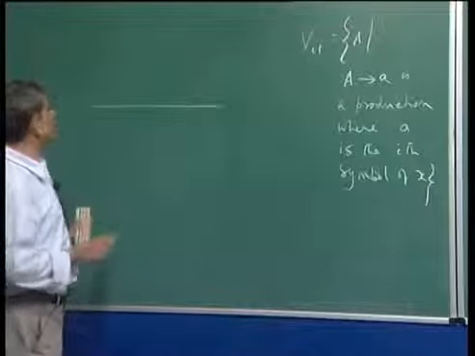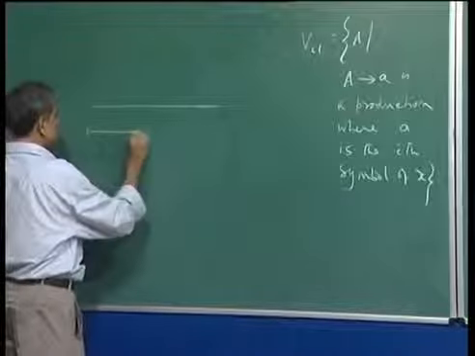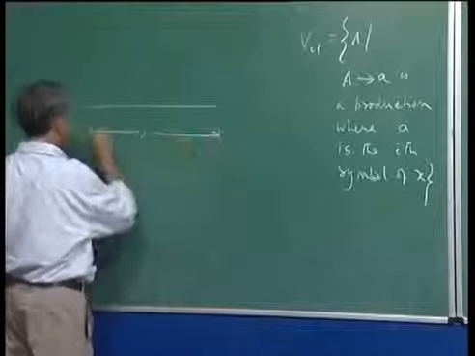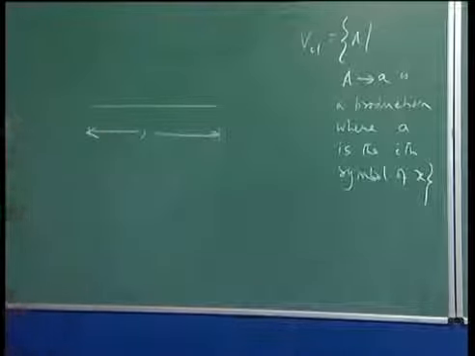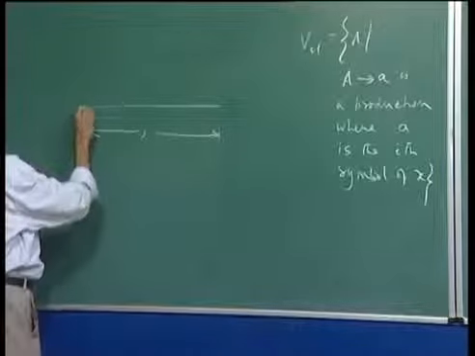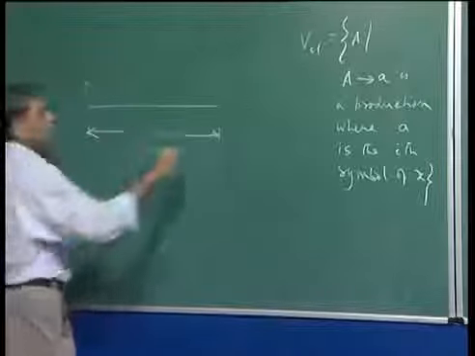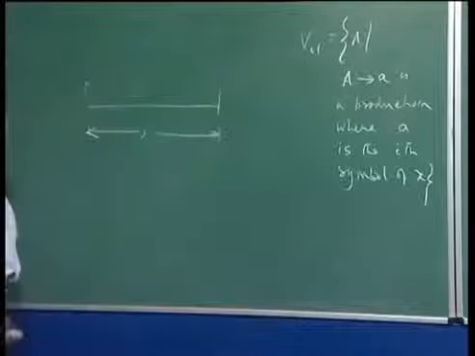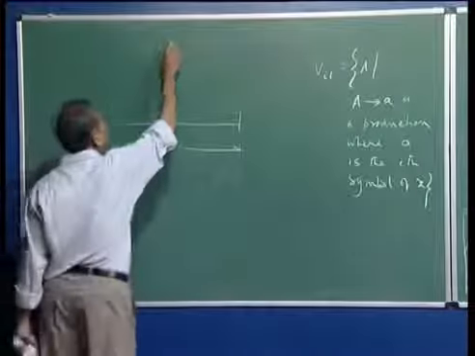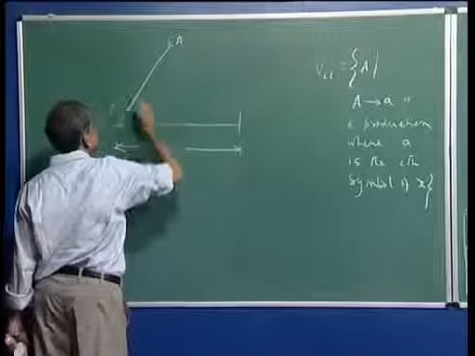So let us assume that I am talking of a substring of length j, and suppose this substring starts at position i, which all non-terminals can produce it. So suppose non-terminal A produces this.